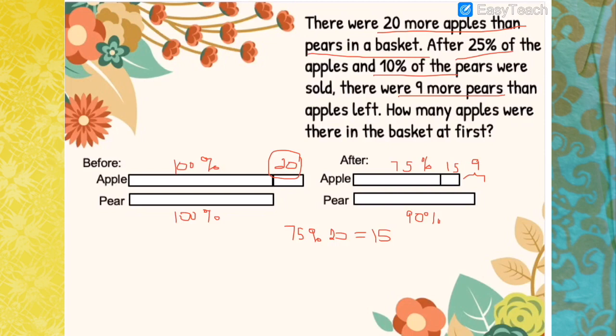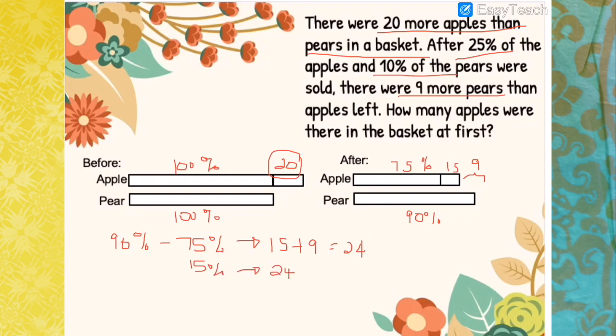So we have 90% of our pears minus 75% of our apples, which would be the same as 15 plus 9, which is 24. Therefore, 90 minus 75, which is 15%, is actually 24 pieces.